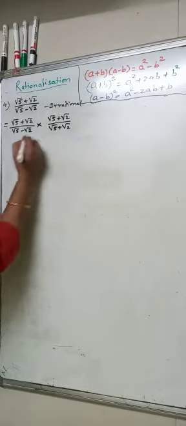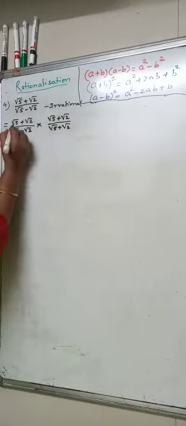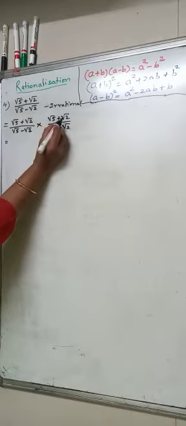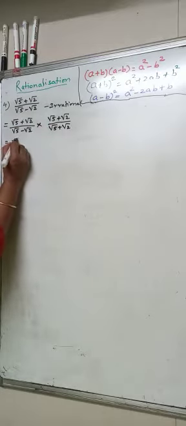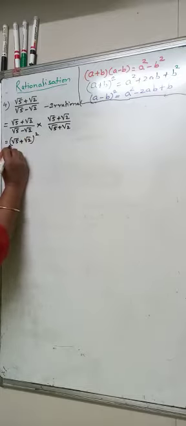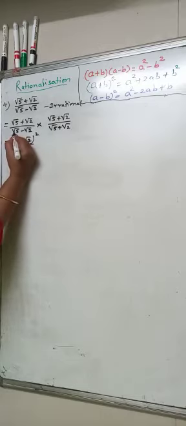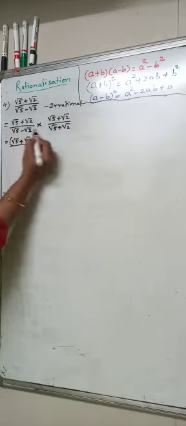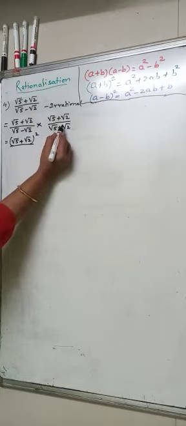The next step: that is equal to (√5 + √2)(√5 + √2), which can be written as (√5 + √2) the whole square, upon (√5 − √2)(√5 + √2).